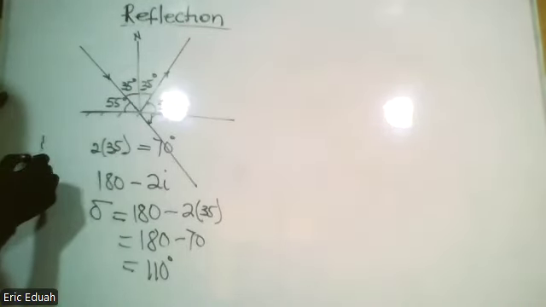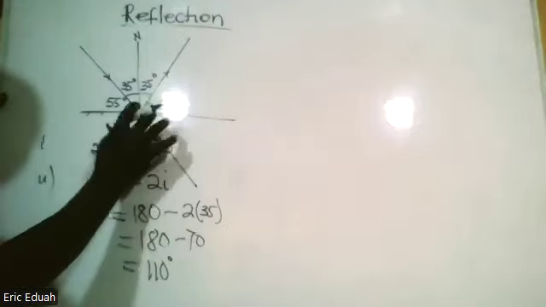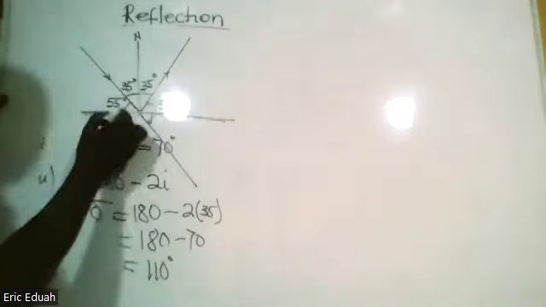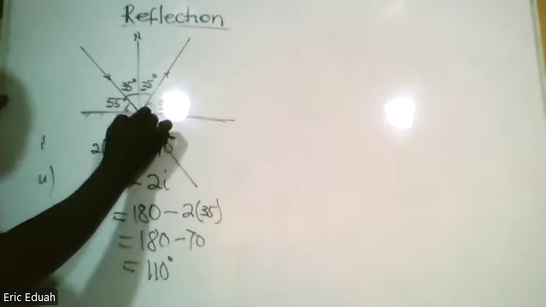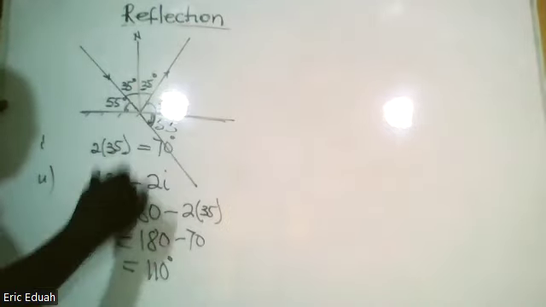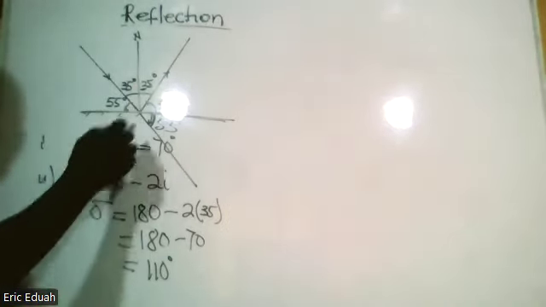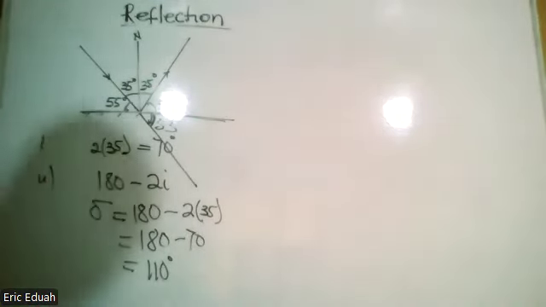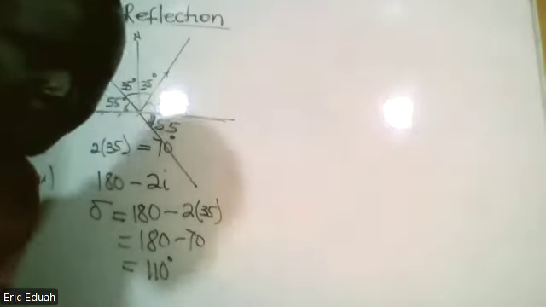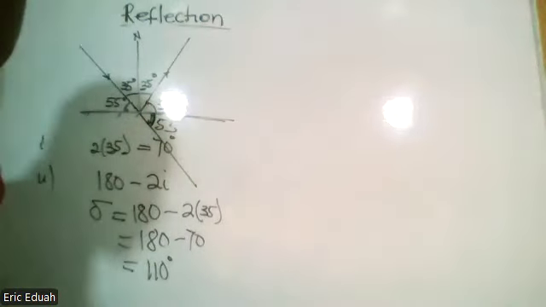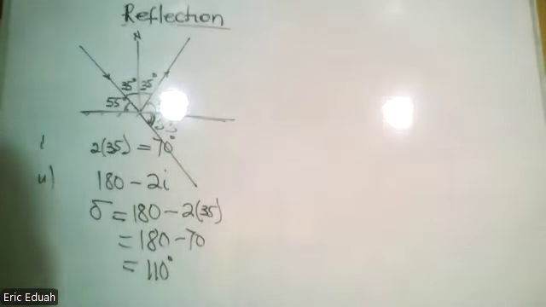Now, by the vertically opposite angle rule, if this is 55, this is also 55. So it is 55 plus 55, which will be equal to 110 degrees. Is it understood by all?